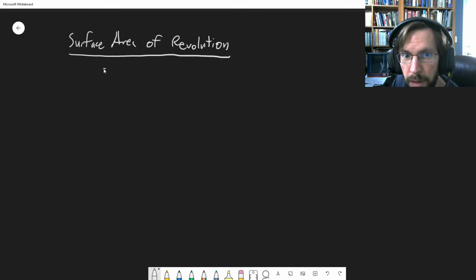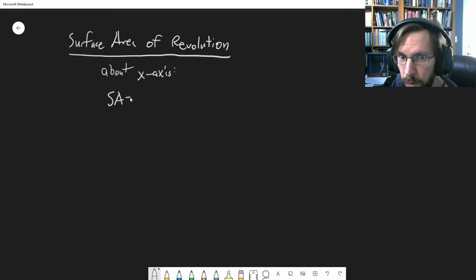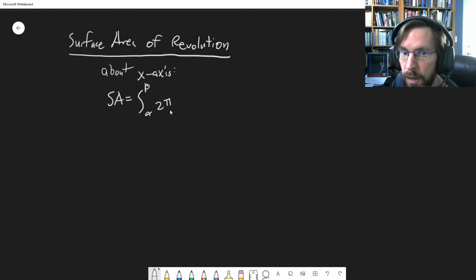About the x-axis, your surface area of revolution should be the integral from alpha to beta of 2 pi times your radius, which in this case is y of t, times your arc length. We just found the arc length.